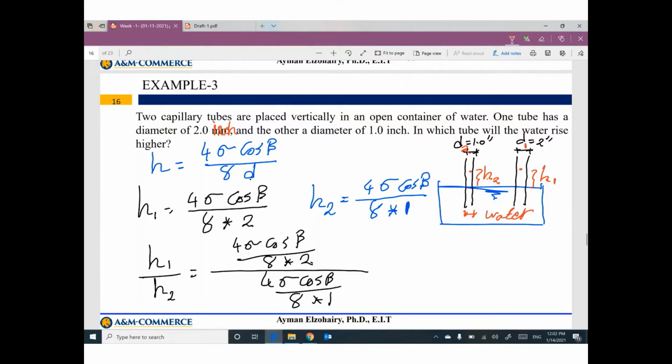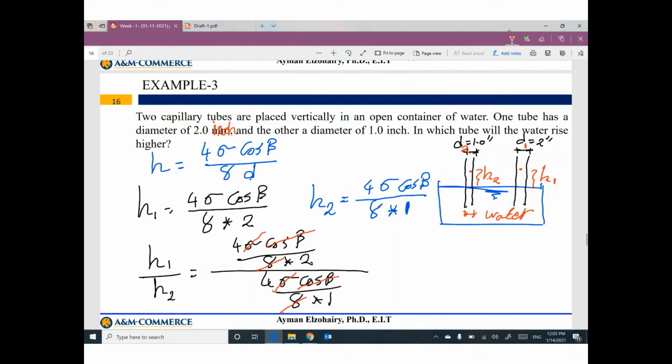Same liquid means sigma cancels sigma, the same surface tension. Gamma cancels gamma, the same unit weight for the water. And cosine beta cancels cosine beta, because we have the same liquid in the same container.